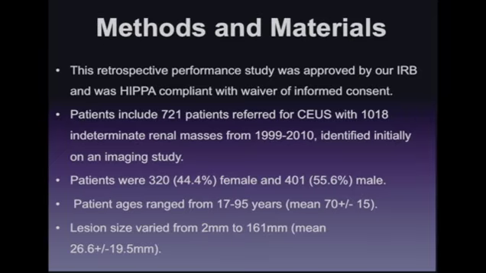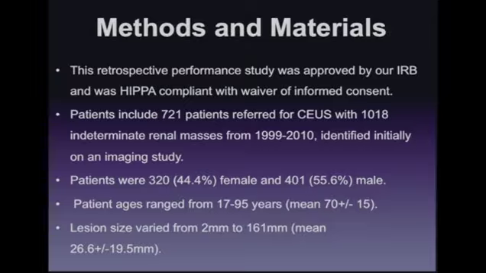This was a retrospective performance study that was approved by our IRB and was HIPAA compliant with waiver of informed consent. Patients included 721 patients referred for contrast-enhanced ultrasound with 1,018 indeterminate renal masses from 1999 to 2010.